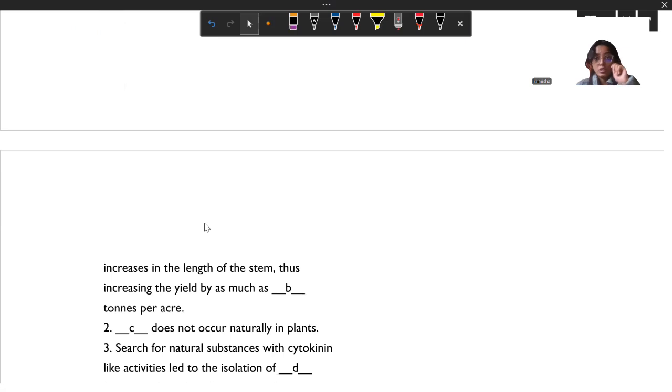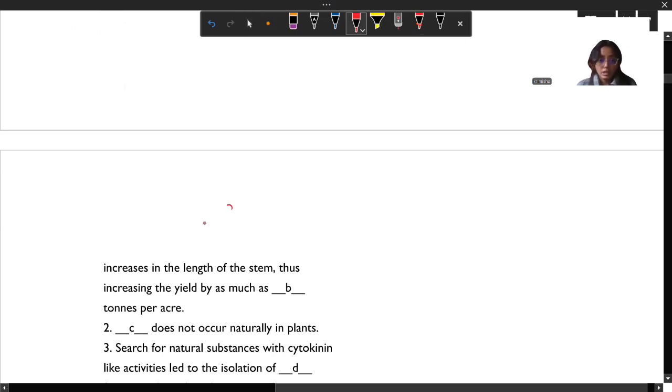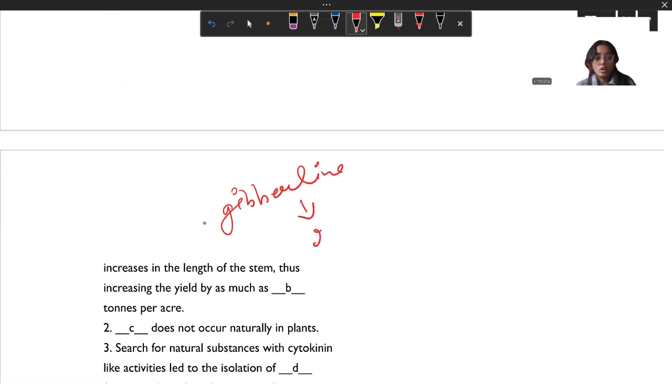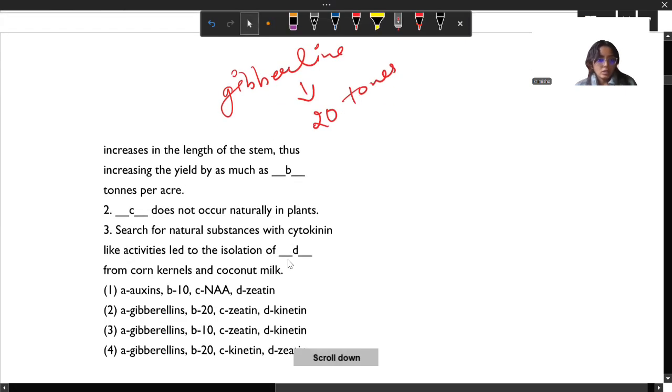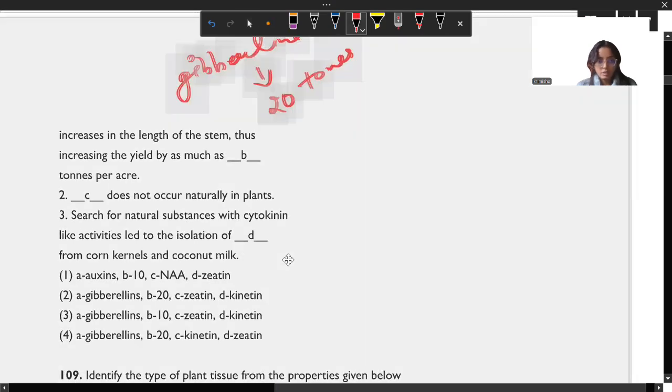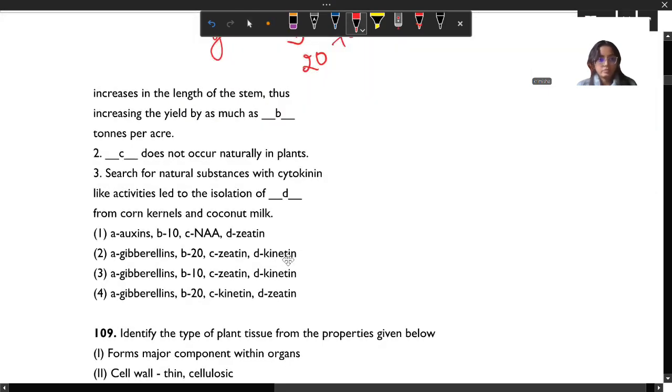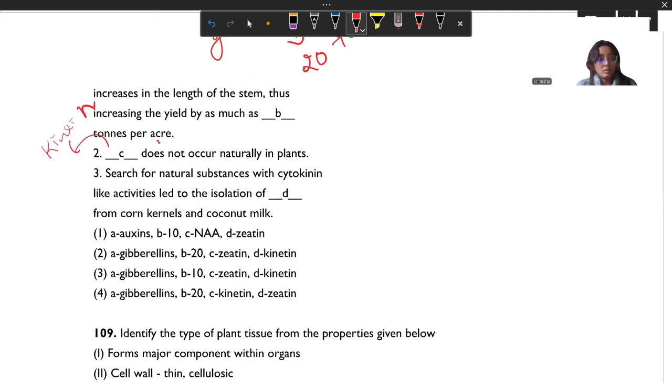So if you spray the sugarcane crop with gibberellin, it will increase the yield of sugarcane by 20 tons per acre. Then the second statement is: dash does not occur naturally in plants. Kinetin does not occur naturally in plants.